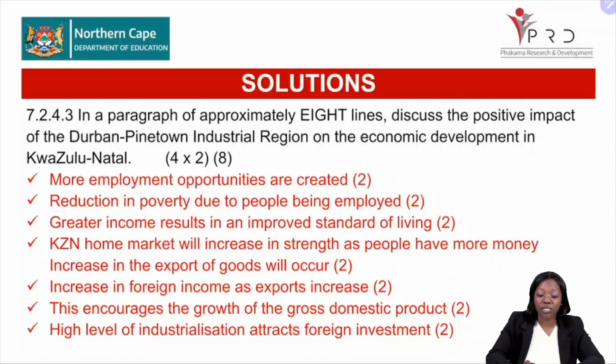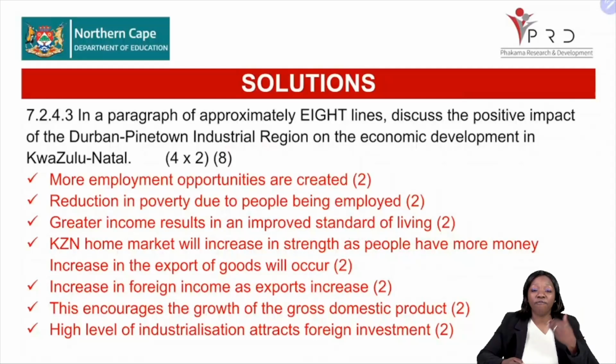Remember, we're talking about the economic development in KwaZulu-Natal. Then the greater income results in an improved standard of living. As more people are employed, it means they will be able to afford for themselves and they will be able to provide for their families. So the standard of living will be improved.